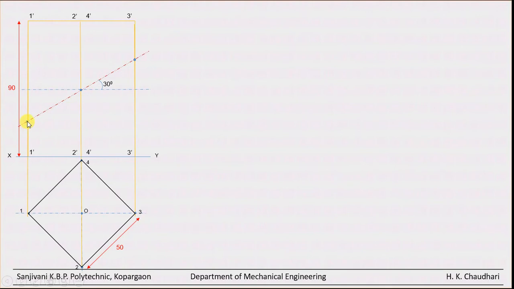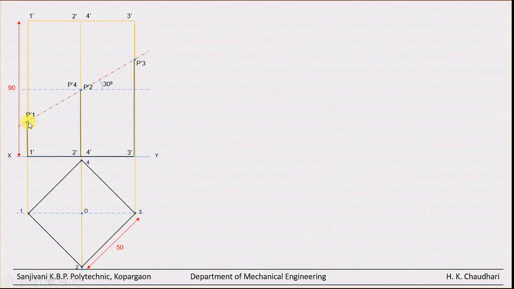Now these points where this cutting plane intersects the edges, edge number 1, 2, 3 and 4, we can name the points as P-1, P-2, P-3 and P-4. Clear? Now next.